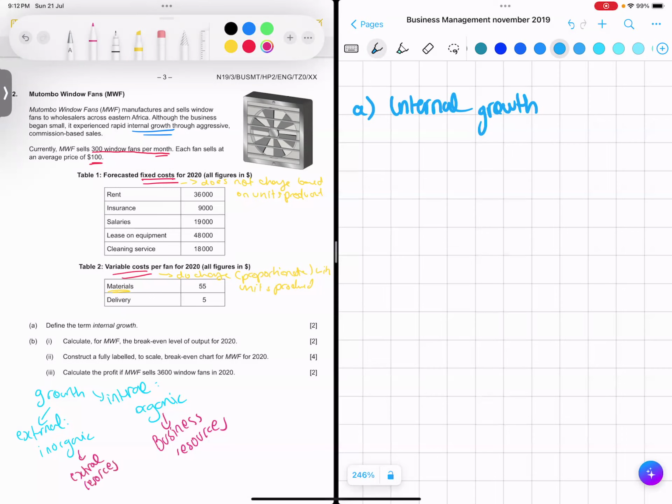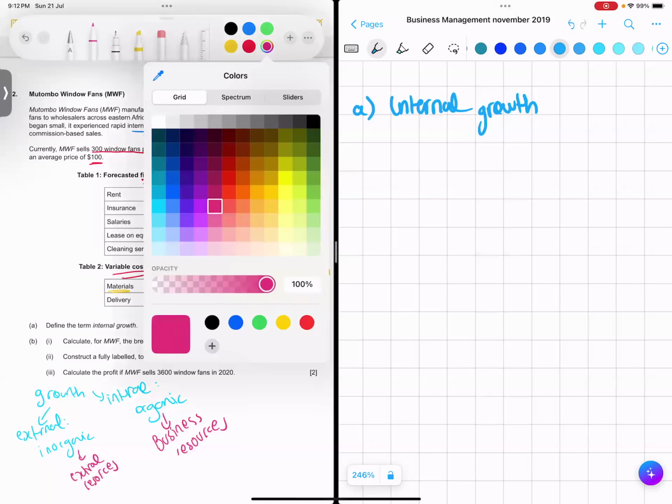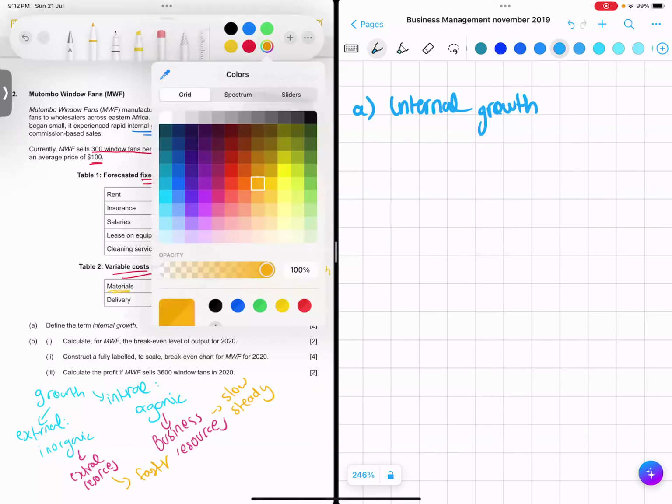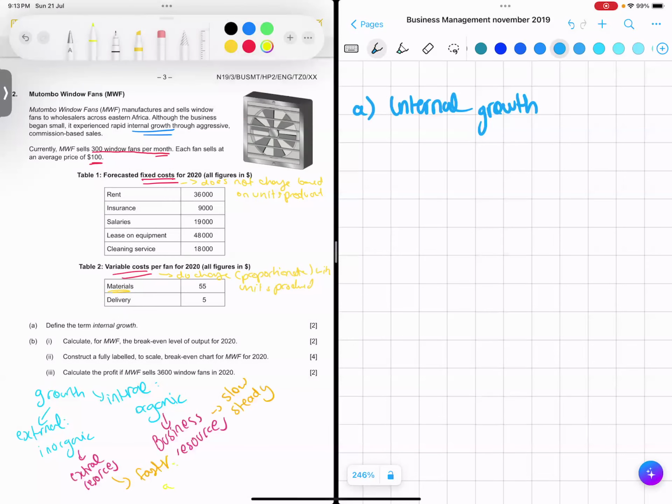Here we can just talk about organic being slow and steady, whereas external is faster. For example, external growth uses acquisitions, mergers, and franchises. So this is the difference.